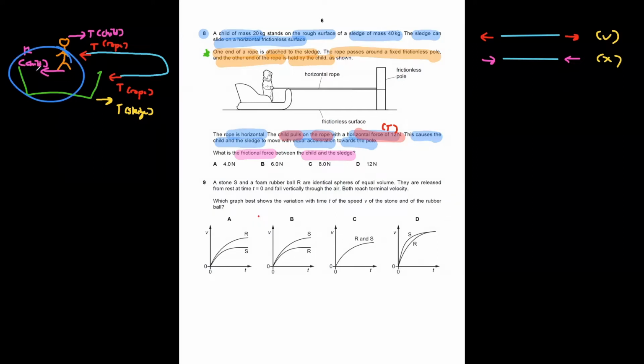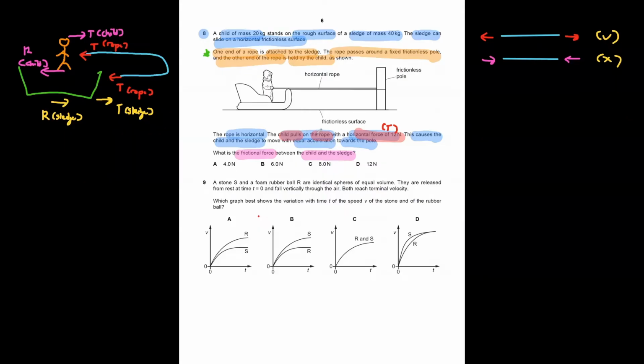The sledge is exerting a frictional force on the child, which is directed backwards. So according to Newton's third law, the child will also exert an equal opposite force back onto the sledge in this manner. So there is a frictional force acting on the sledge in this direction here. These are all the forces currently acting on the child as well as the sledge.